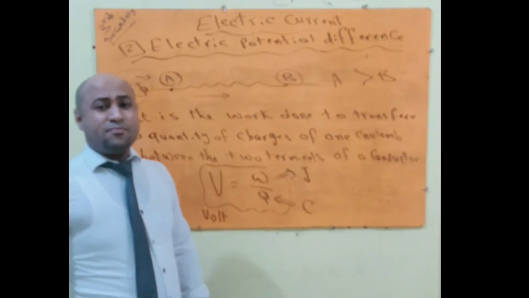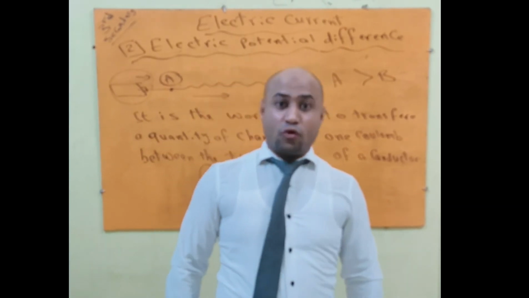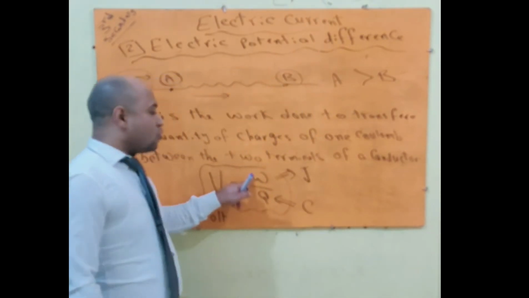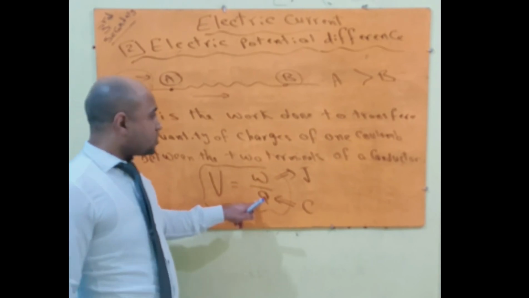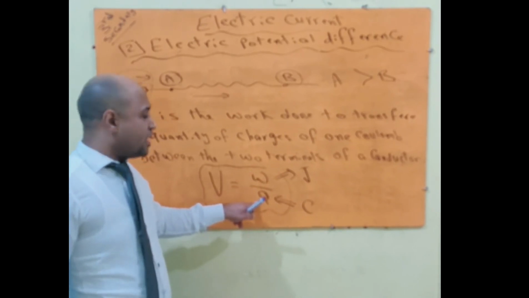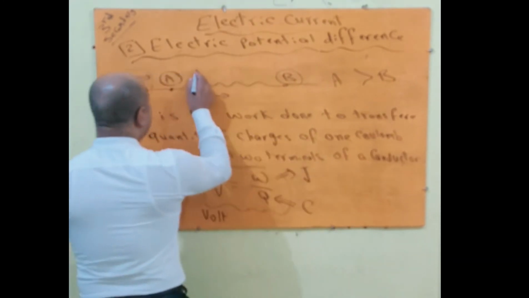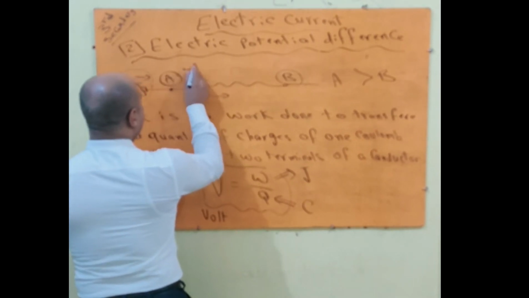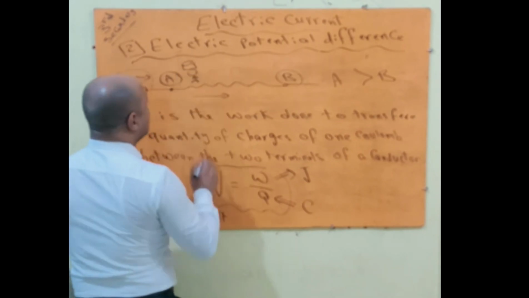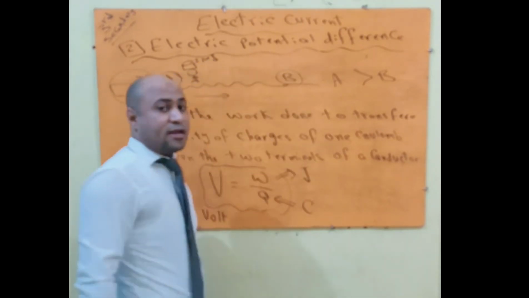So what's meant by the potential difference at home equals 220 volts? This means that the work done to transfer a quantity of charges of 1 coulomb between the two terminals of the conductor equals 220 joules, which means that each quantity of charge carries energy equal to 220 joules to transfer it to the electric device.